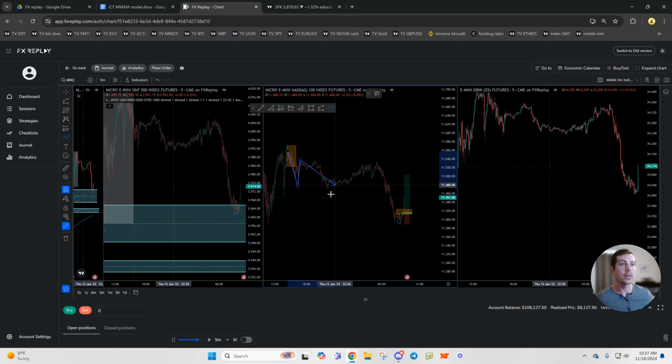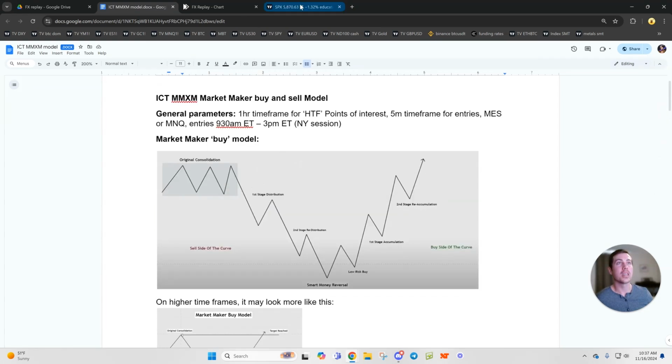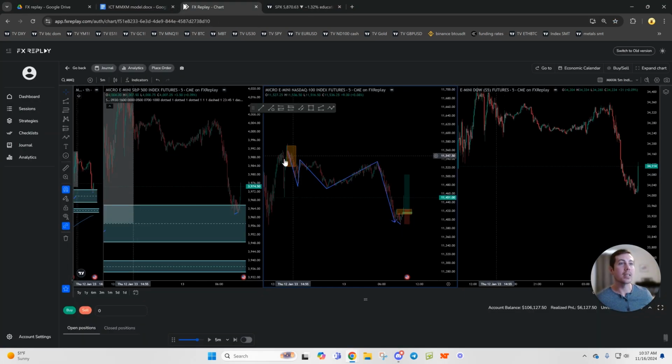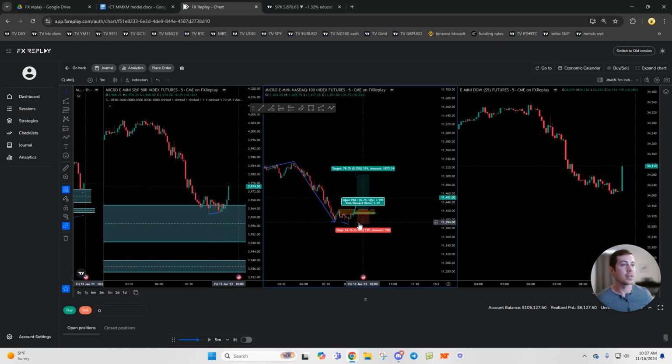Then we have our first stage distribution, our retrace, and our second stage distribution down to these lows. So it doesn't look exactly like the market maker model, but we can see the clear consolidation and 3 impulses down. We have our SMT divergence at a key level on ES, and so everything is valid for this.